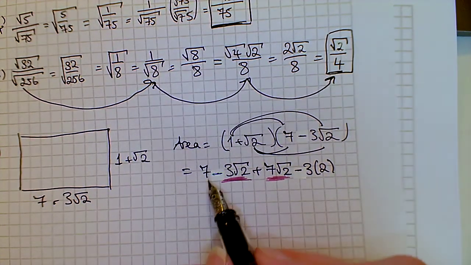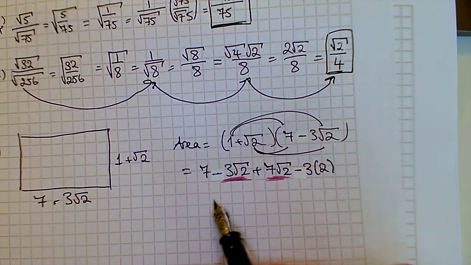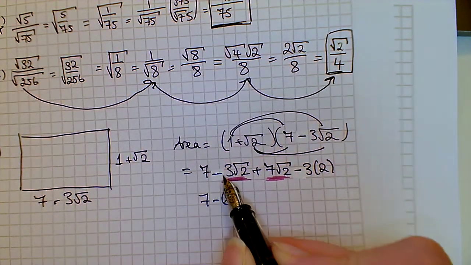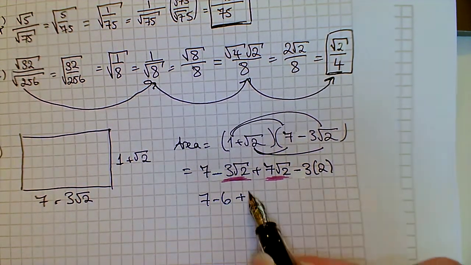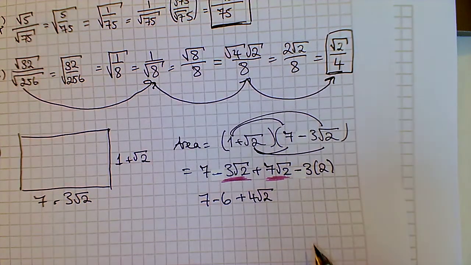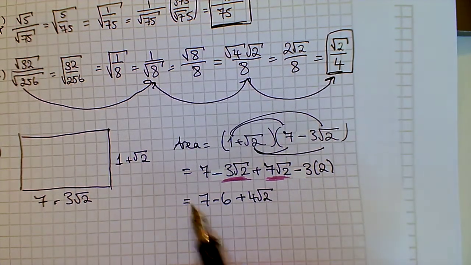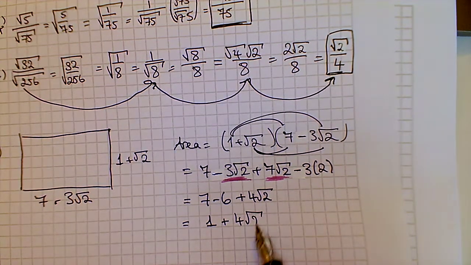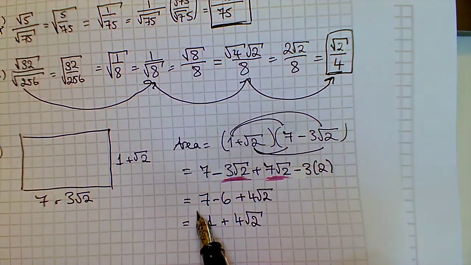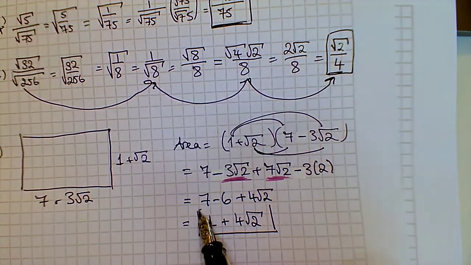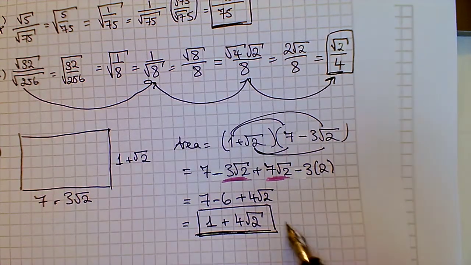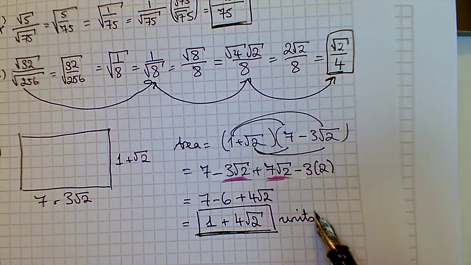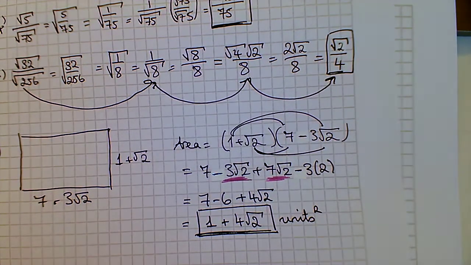So what I end up with is 7 minus 6 minus 3 plus 7 times the square root of 2. 7 minus 6 is 1. So that's 1 plus 4 times the square root of 2 is our final answer. Units, they didn't tell us. So we can just write down units squared next to it to remind us that we're talking about area.